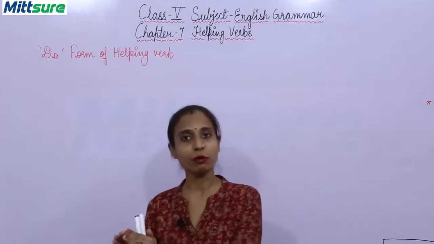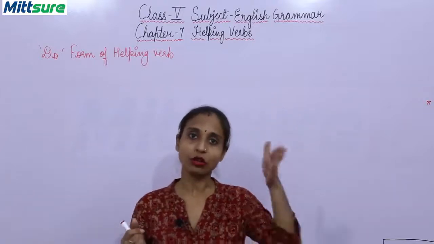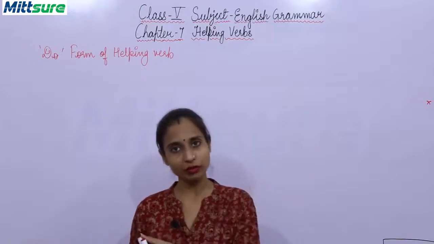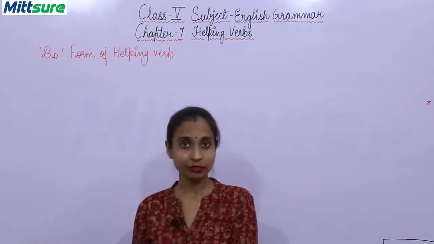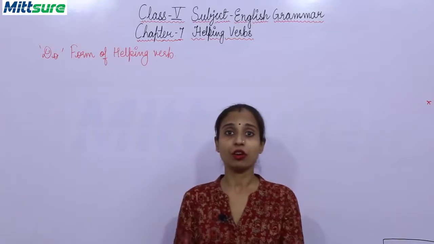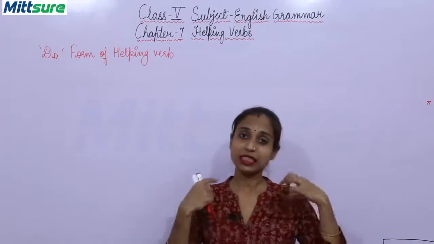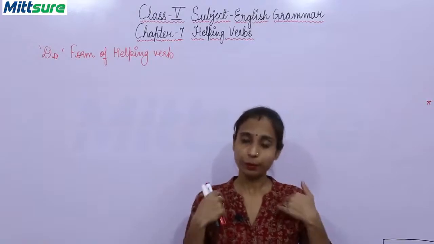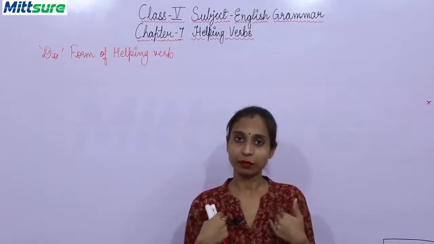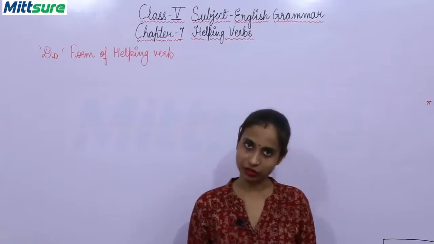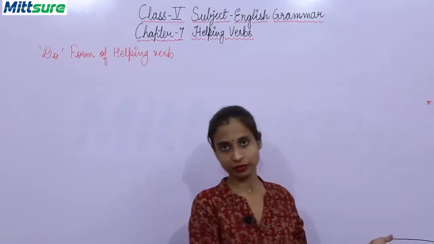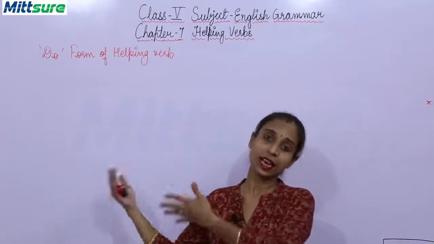As the be form of verb tells you the state or the condition of a noun or a pronoun, like, I am your teacher. It is telling about the condition of me. I am an English teacher. He is my brother, or he is a class monitor.